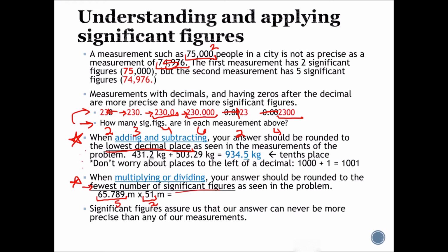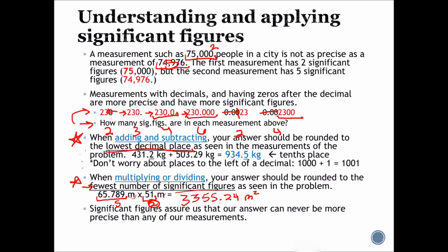We are going to round to the fewest number of significant figures seen in the problem, so our answer can only have 2 significant figures. When I multiply 65.789 meters times 51 meters, I get an area of 3,355.24 meters squared. Remember, meters times meters is meters squared.